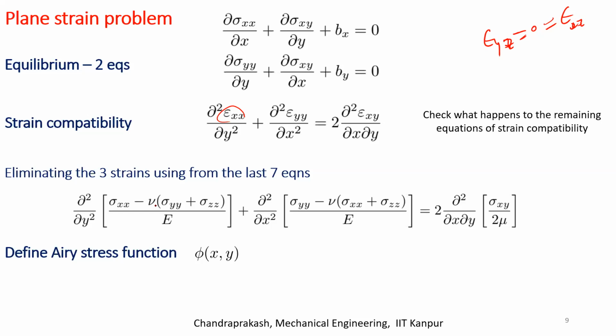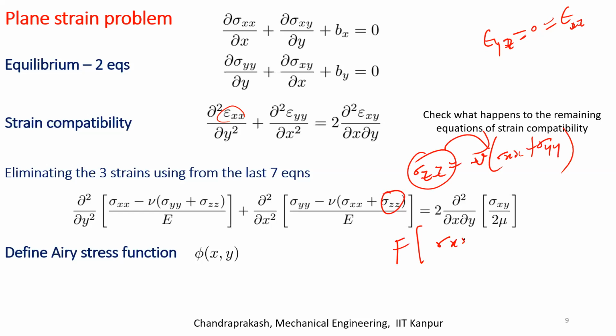In fact, before you do that, you must realize what sigma zz is. Sigma zz was nu times (sigma xx plus sigma yy). So you substitute for sigma zz in terms of sigma xx and sigma yy. So you will end up with a function which is in terms of sigma xx, sigma yy, sigma xy.